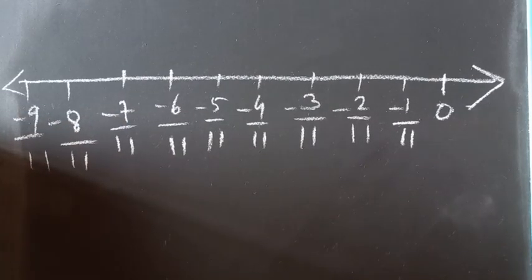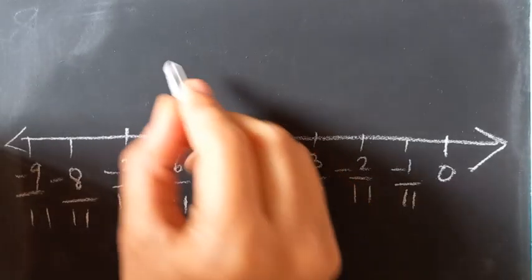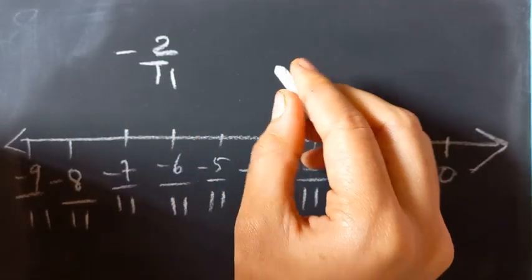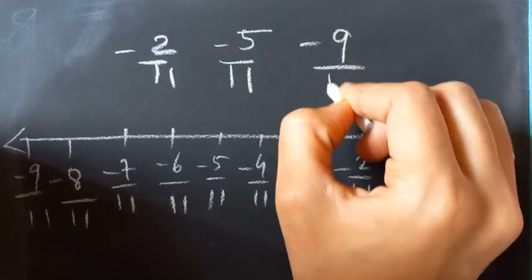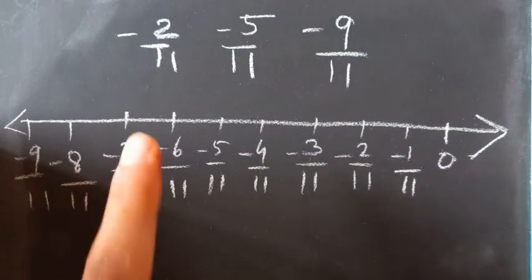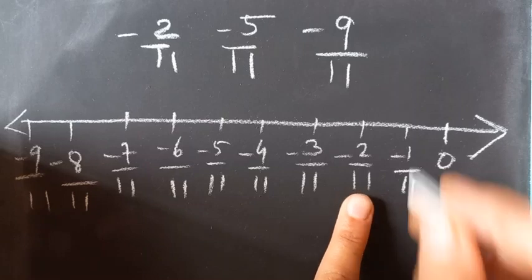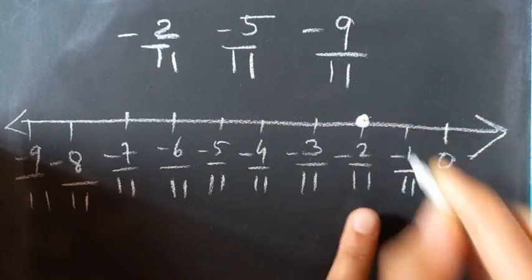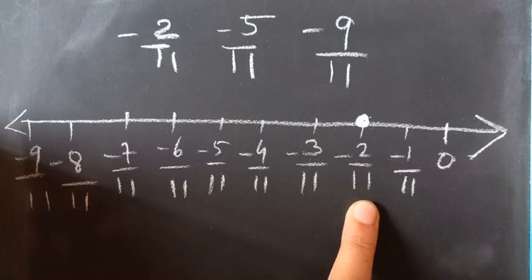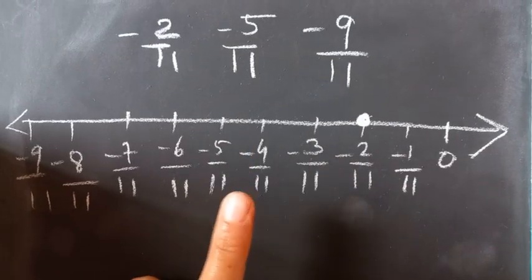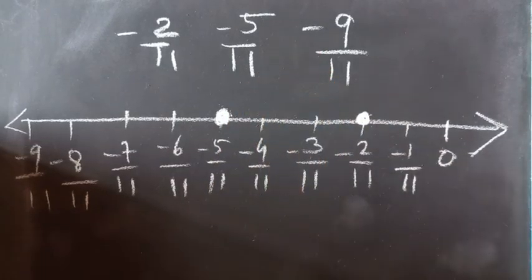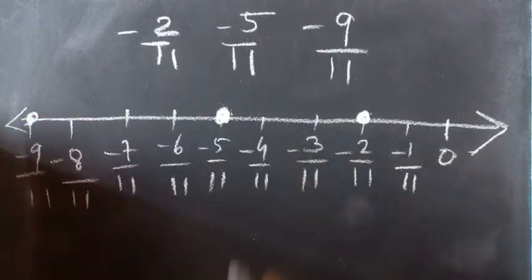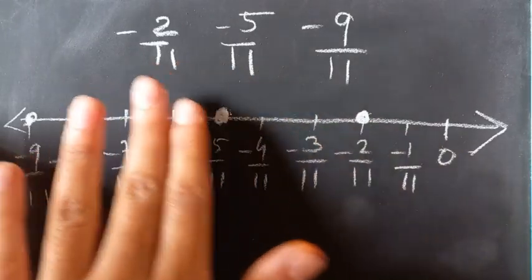Now represent minus 2 by 11, then minus 5 by 11 and minus 9 by 11. Minus 2 by 11 is here, so darken it. This is the representation of minus 2 by 11. Now minus 5 by 11, darken it, and minus 9 by 11 is here. So this is the representation of all three.